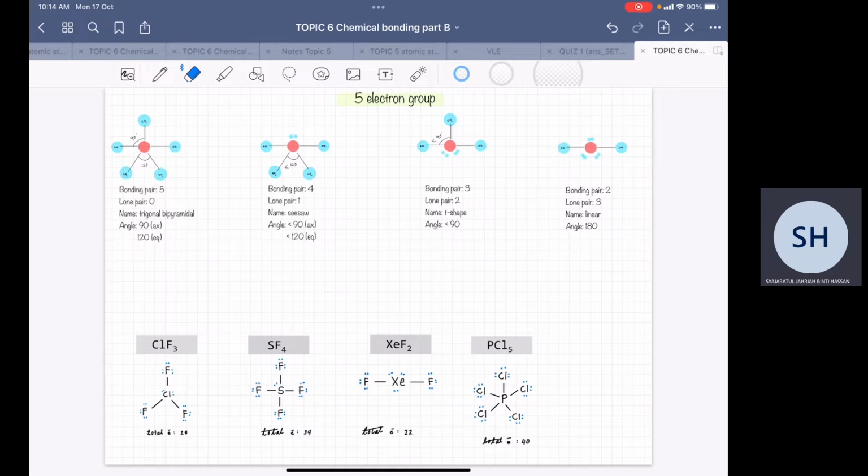You know that there is a basic shape that holds, and after we replace one bonding pair with one lone pair, the shape changes a little bit. And then if we change to another lone pair, it's going to change again. So this is what happens again in 5 electron groups and 6 electron groups.